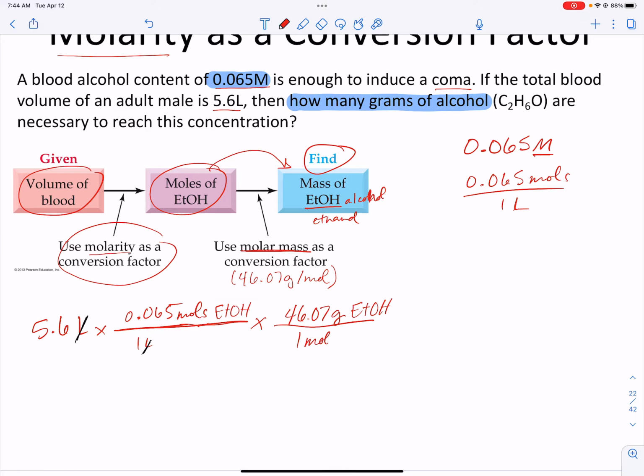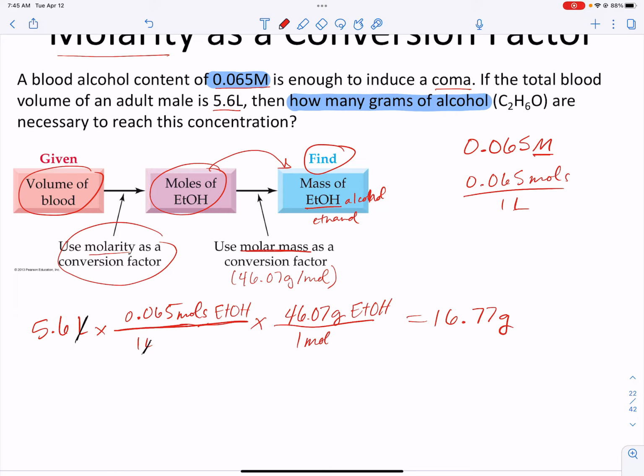And now we just multiply all this out. 5.6 times 0.065 times 46.07. Hopefully I did that right. 16.77 grams. Let me make sure. Double checking all my numbers. Okay, it looks right. Of ethanol.